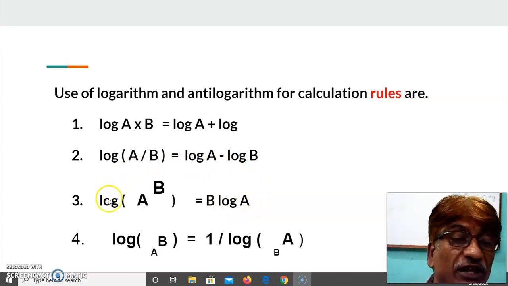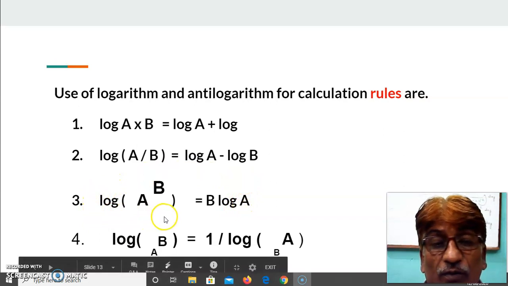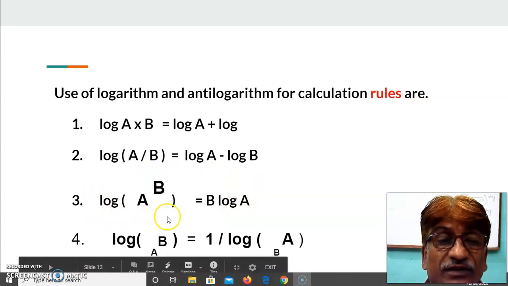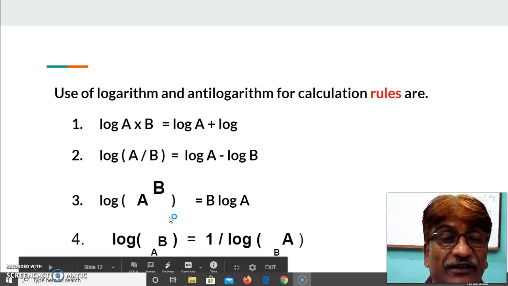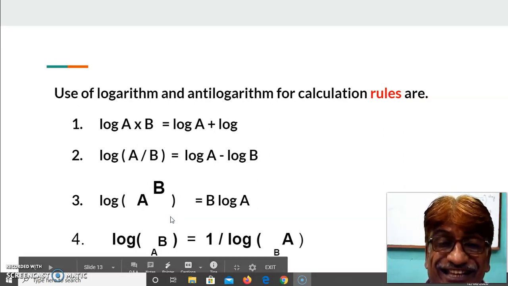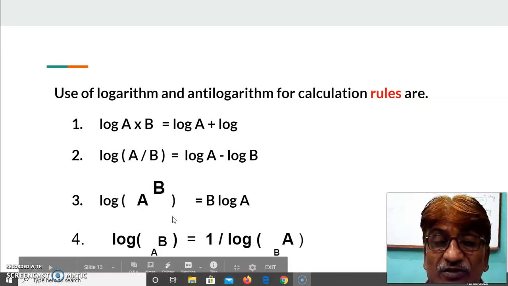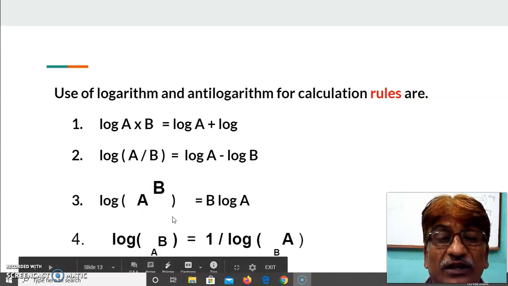Here, all the logarithms have base 10, because logarithm can start from 10. Their base will be 10. If base 10 is not given and base E is given, then for finding base 10, 2.303 is multiplied.